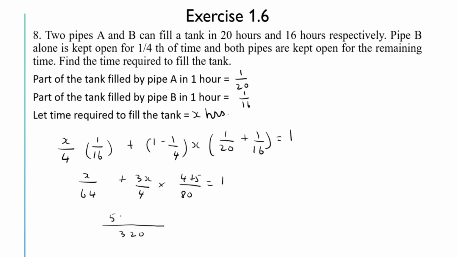Here we get 5x plus 27x is equal to 320, or we have 32x is equal to 320. Therefore, x is equal to 10 hours. So hence, the time required to fill the tank is equal to 10 hours.